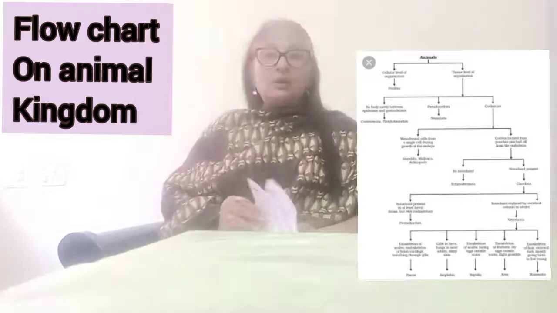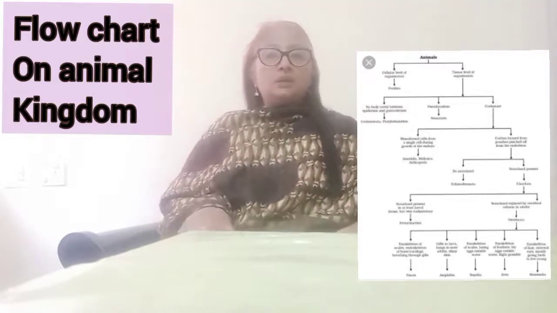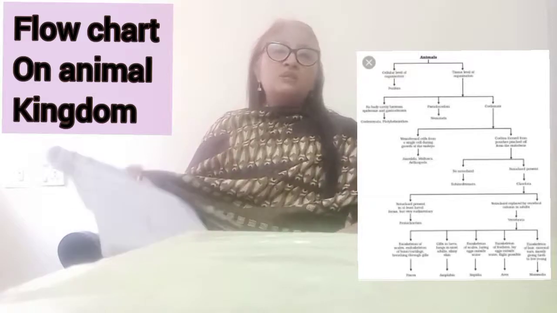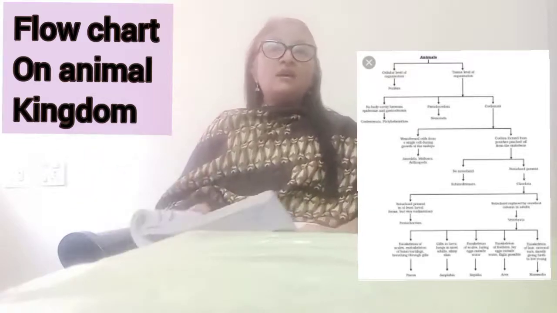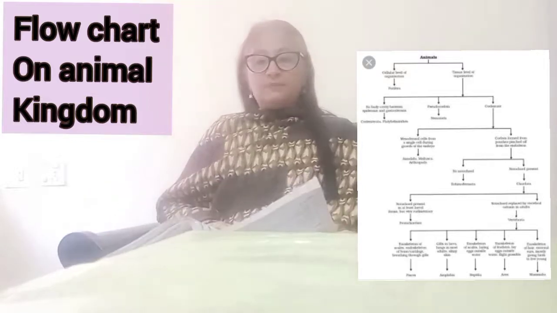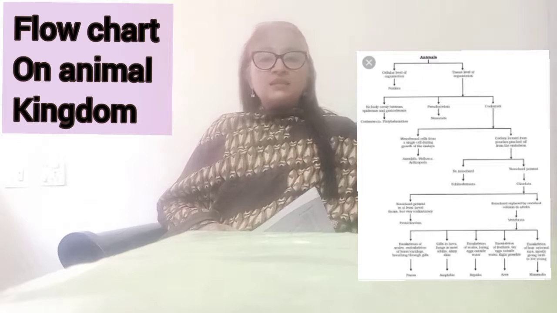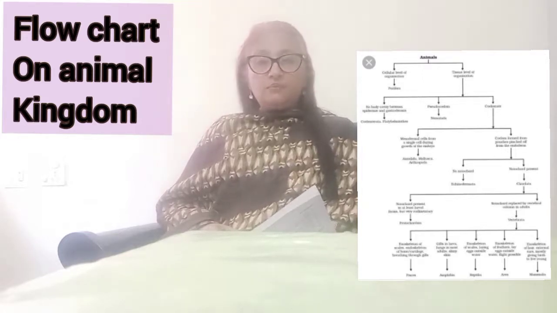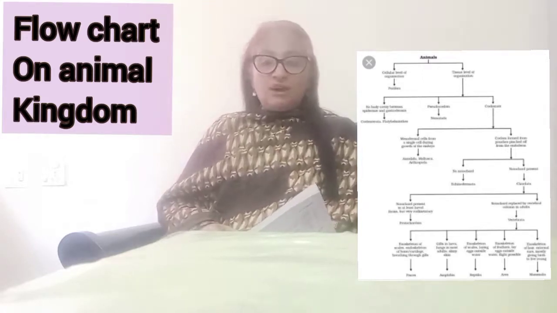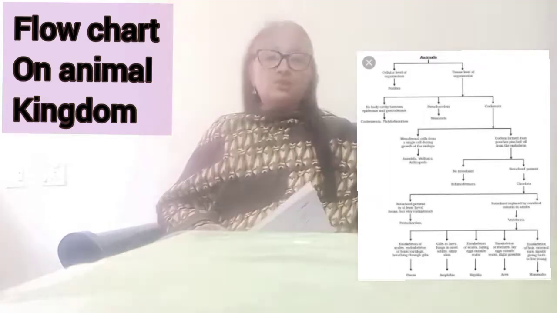First of all, let us discuss the flow chart that helps to identify the different groups coming under the animal kingdom. The kingdom Animalia is divided on the basis of cellular level of organization and tissue level of organization.